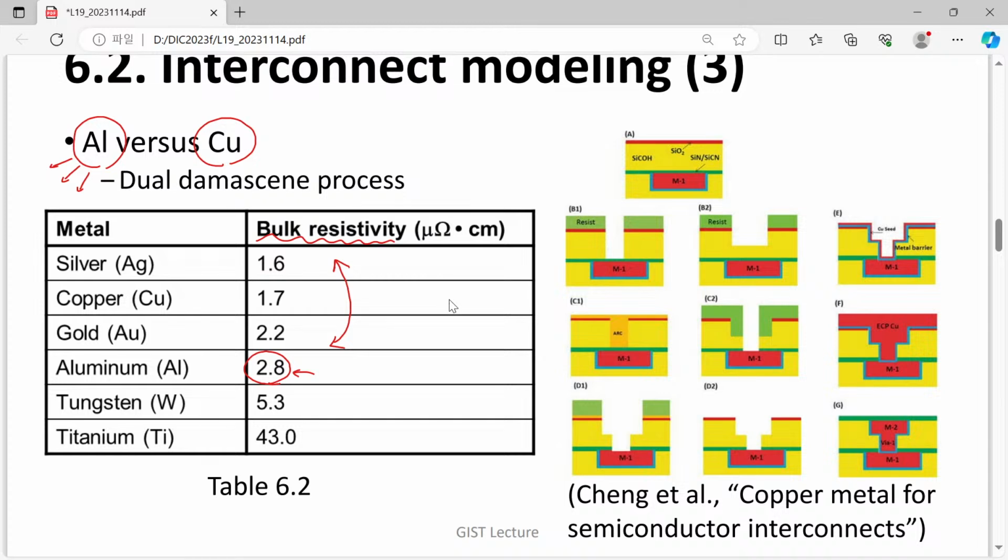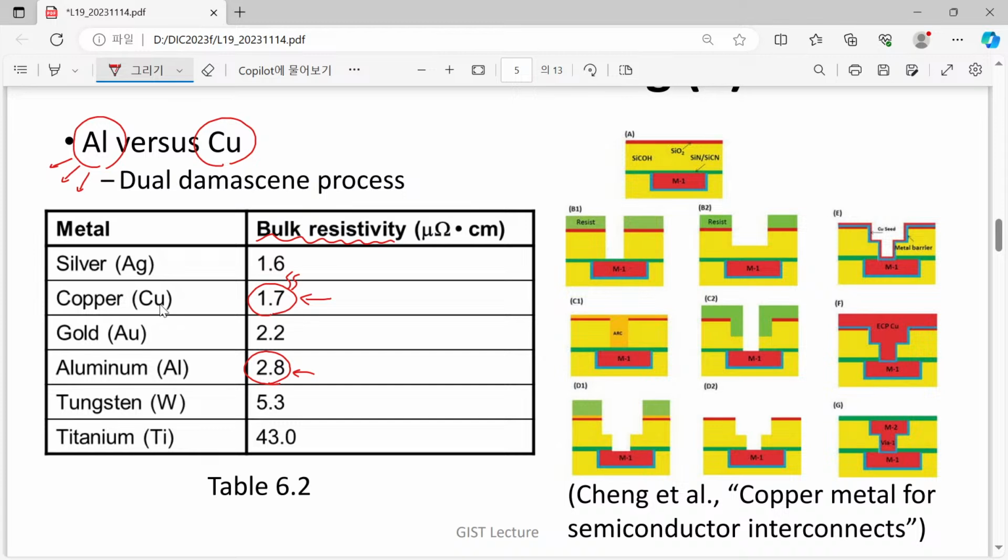Instead, we have copper, and copper has still lower resistivity. It has comparable resistivity with silver and even lower than gold. That sounds good. It is cheap and we can find copper so easily. It seems to be good, but there was a critical problem with copper.